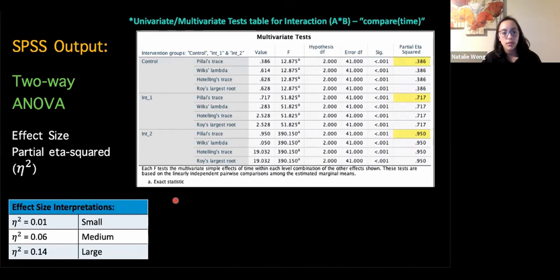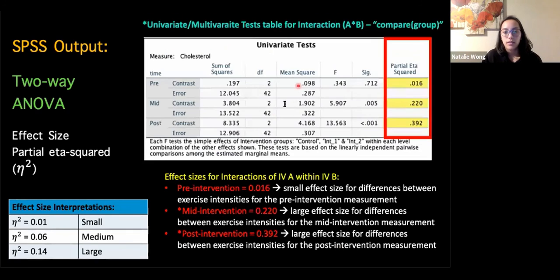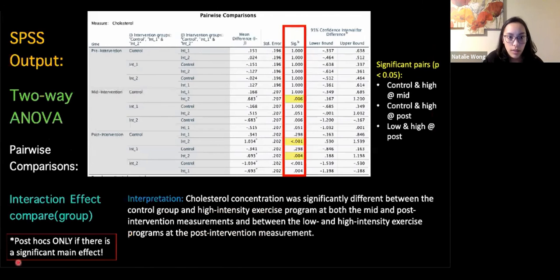I'm not really sure what you're referring to. So let me go back. This univariate table was underneath this set of pairwise comparisons. Yeah. Okay. Cool.